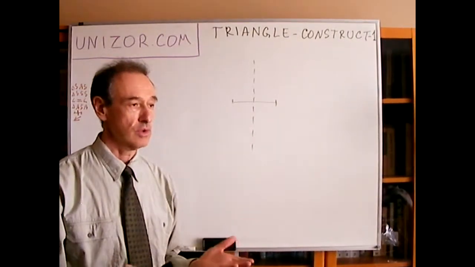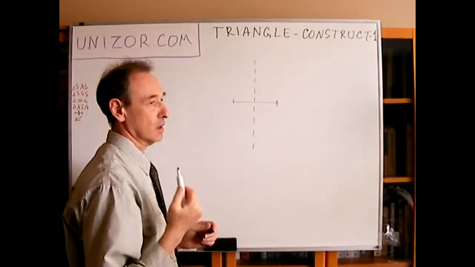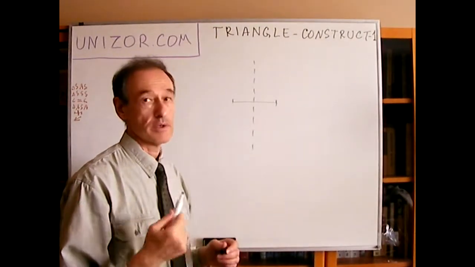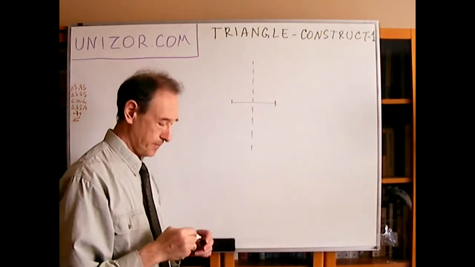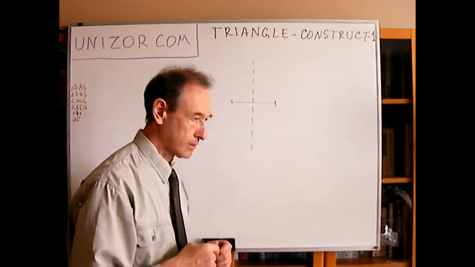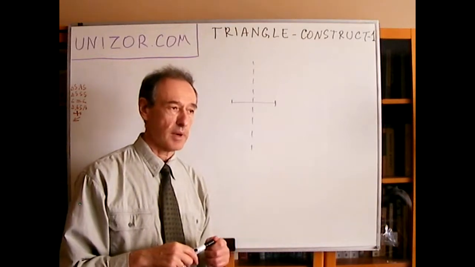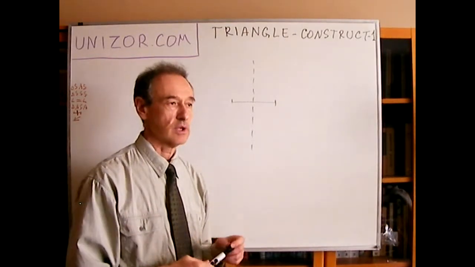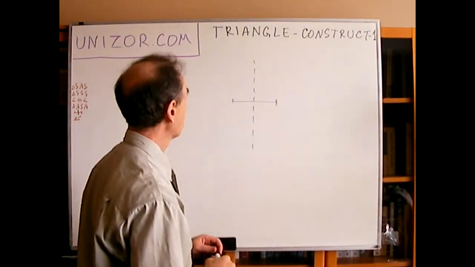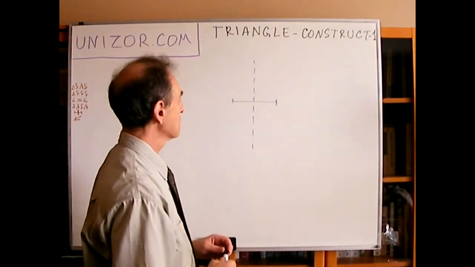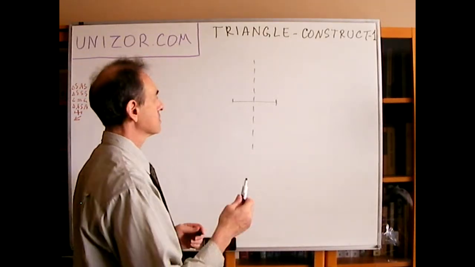Now, to do it, it's really quite easy, because again we can rely on certain theorems, and one of the theorems was that in the equilateral triangle, the median and angle bisector and the altitude from the vertex down to the base coincide with each other. So what I will do is I will use a certain radius.